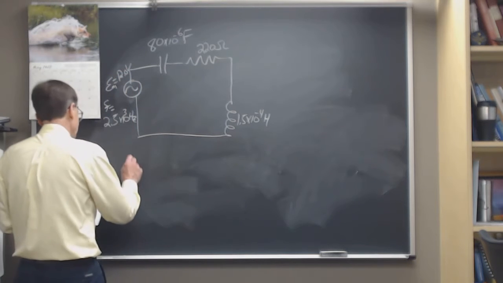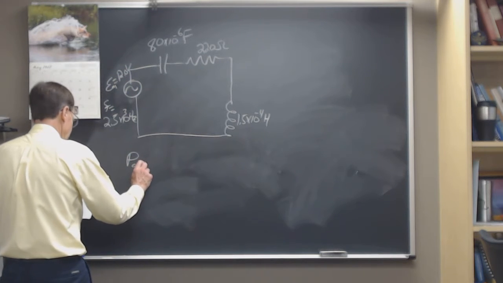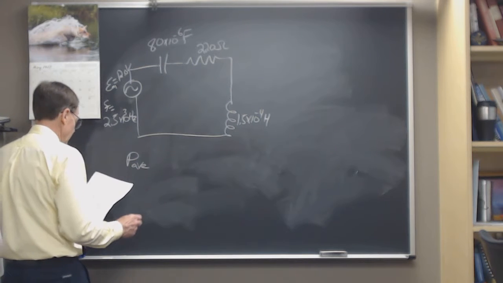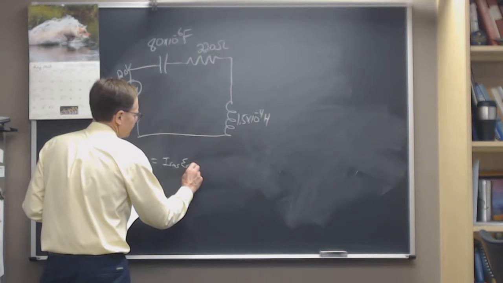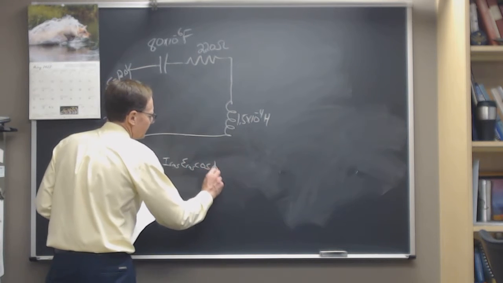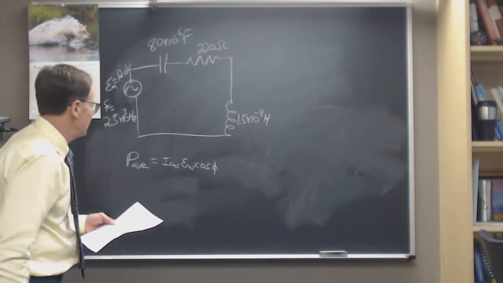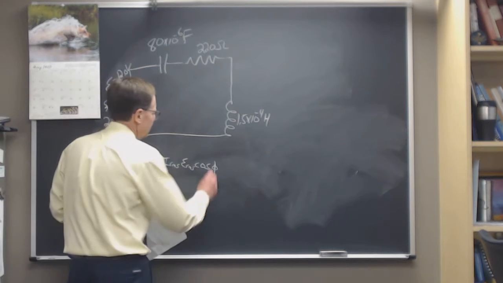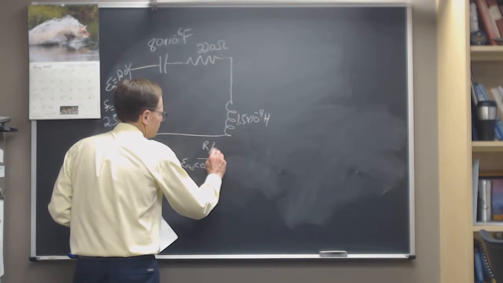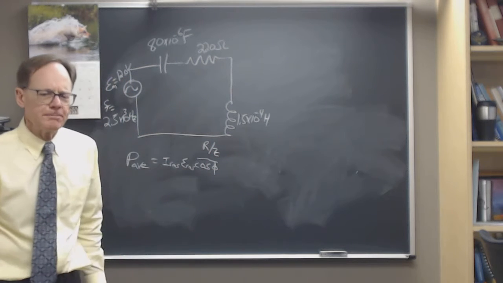We've written this different ways. The average power is I_RMS times E_RMS times cosine phi, the cosine of the phase angle of the circuit. Cosine phi is R over Z, the resistance over the impedance.